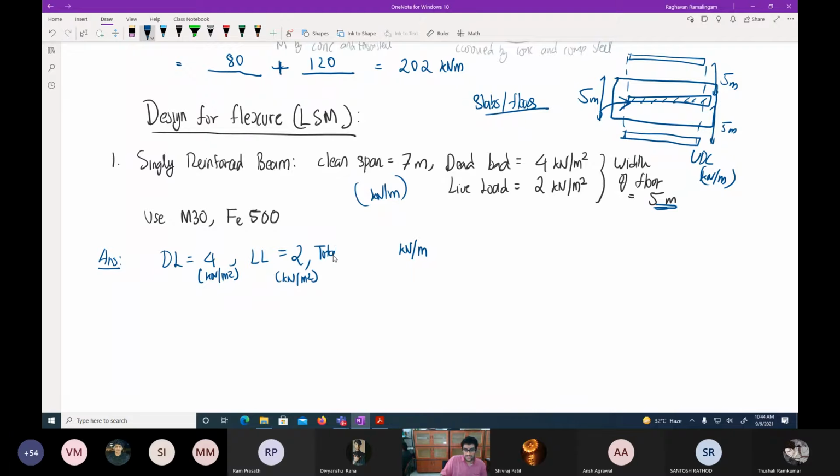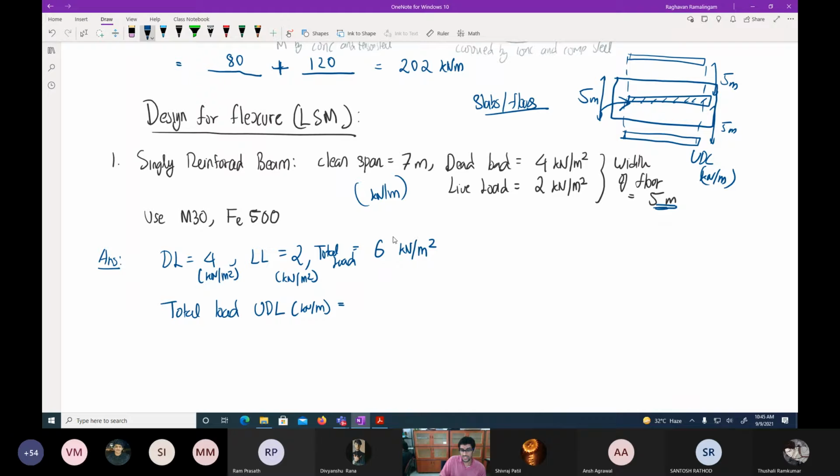Okay. So what is the total load in kilonewton per meter square? These two together. Four and two, what is the total? 6 kilonewton per meter square. Now, if I want to convert it to UDL, or uniformly distributed load, in kilonewton per meter, how much is it?